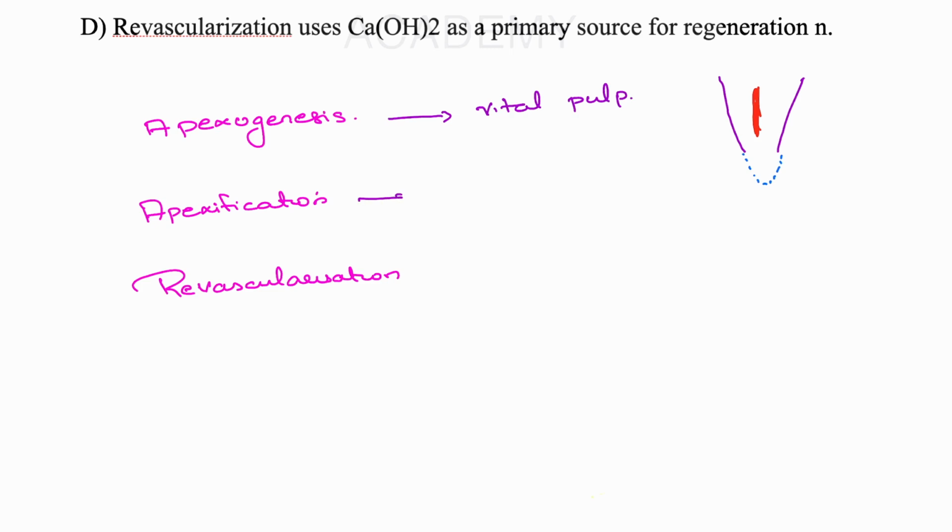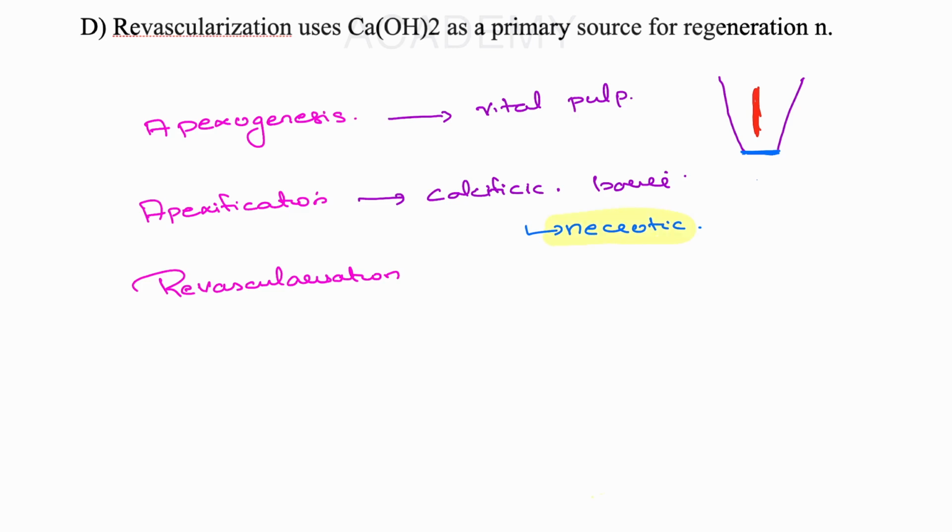Apexification is just a calcific barrier. There is no continued root development, and here you usually have a necrotic pulp. So instead of continued root development, what we have is a calcific barrier being formed, and the reason is that we have only a necrotic pulp.